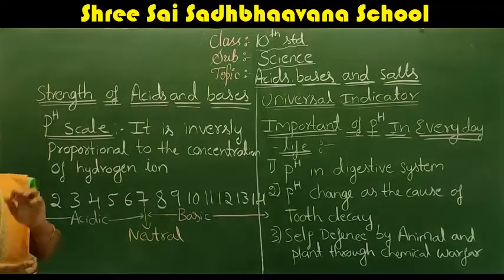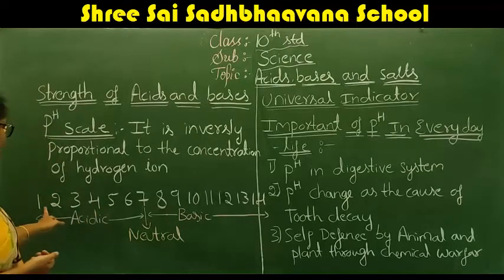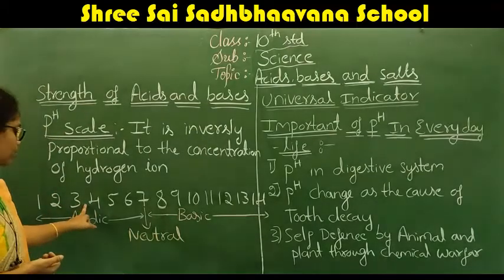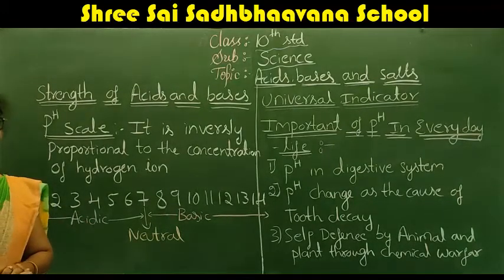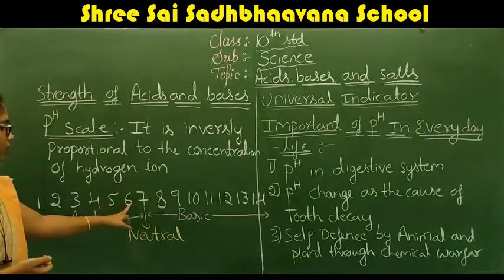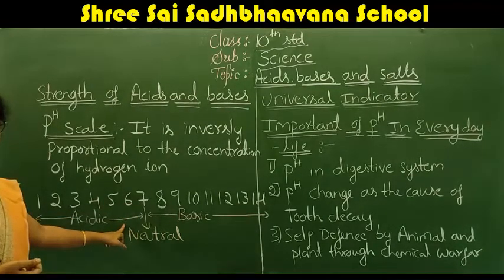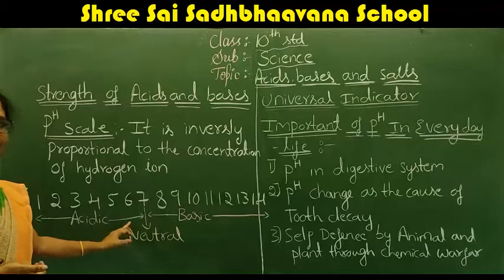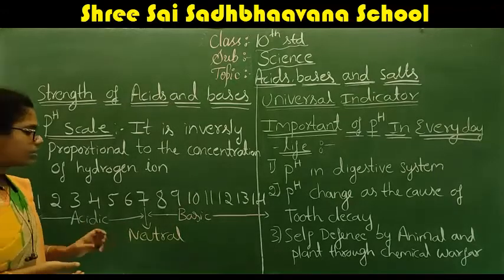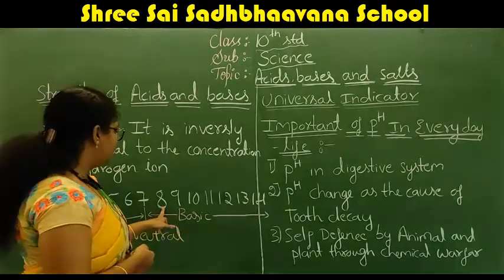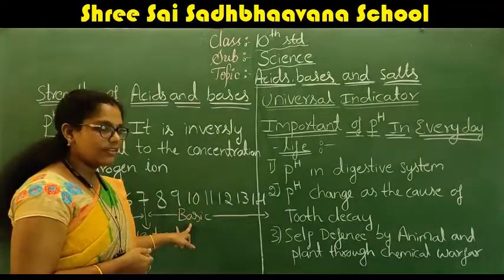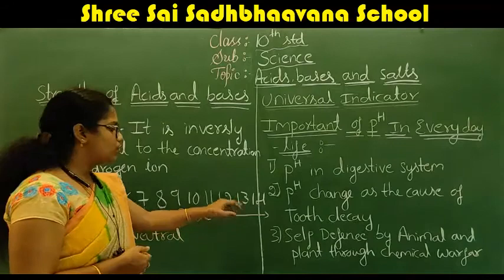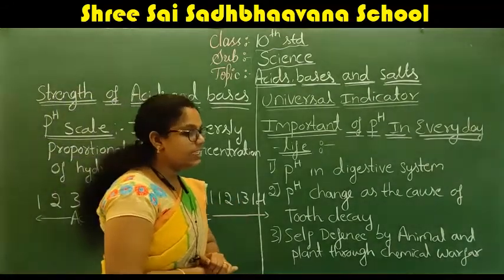If the value comes from 4 to 6 or 7, then those acids we call weak acids. Here also the same thing. When the values come from 8 to 10 or 11, we call it a strong base. After 11 to 14, we call it a weak base.